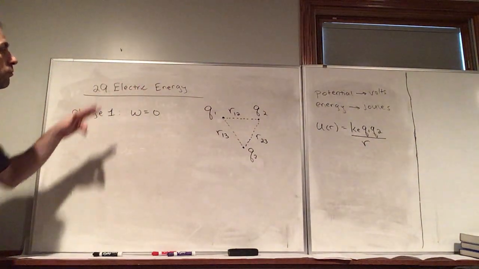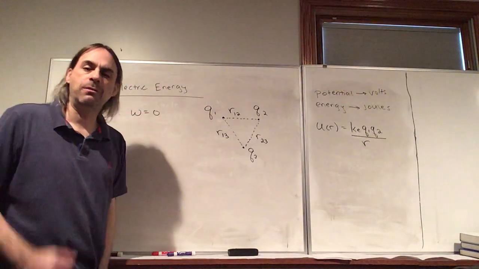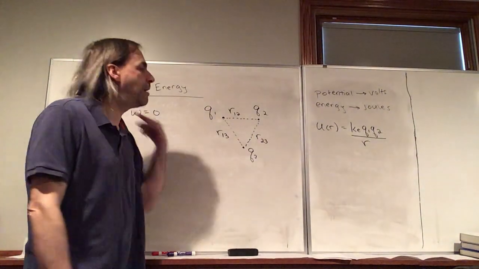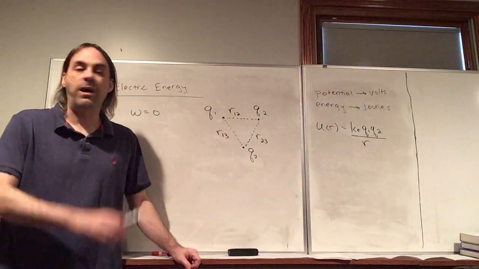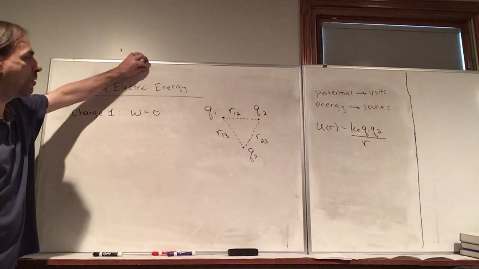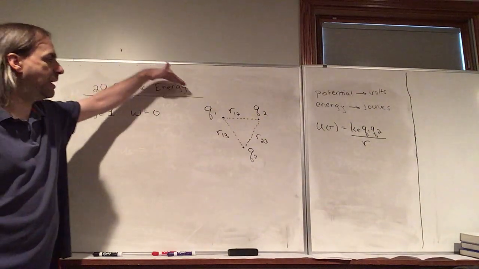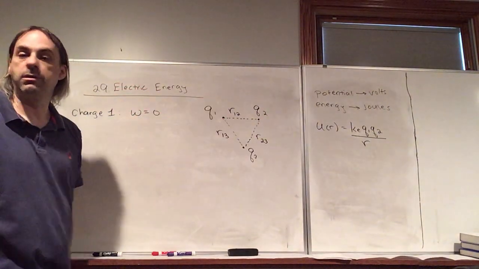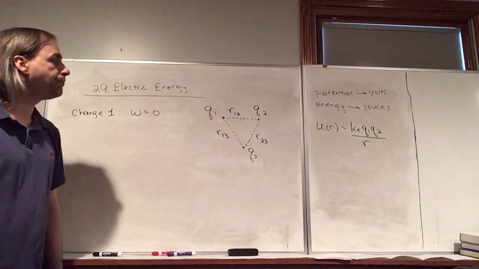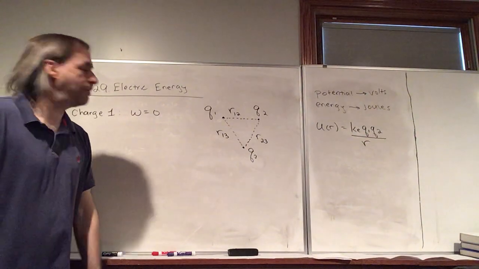We still have to move Q1, but that doesn't require any energy because of inertia. We're just talking about electric potential energy. There's no gravity involved or anything like that. So say Q1 started far away. If you just gave it a little nudge to get it moving, its inertia is just going to carry it all the way, and you stop it when it gets here. It doesn't really take any energy to bring in Q1.